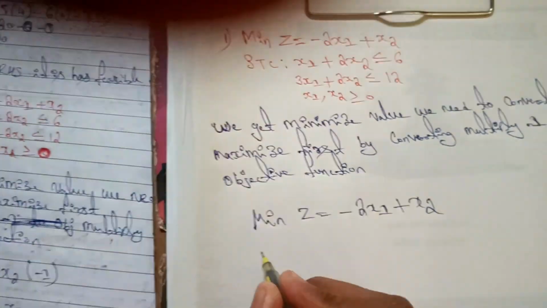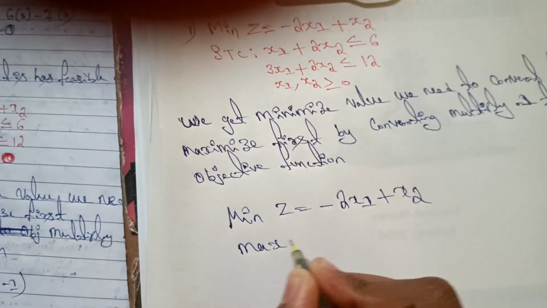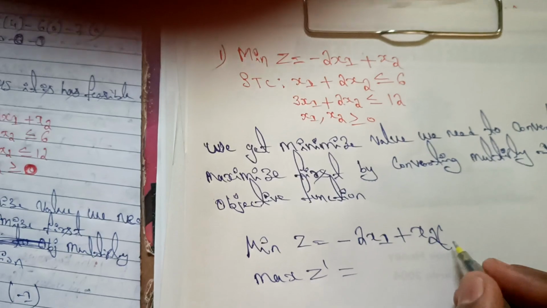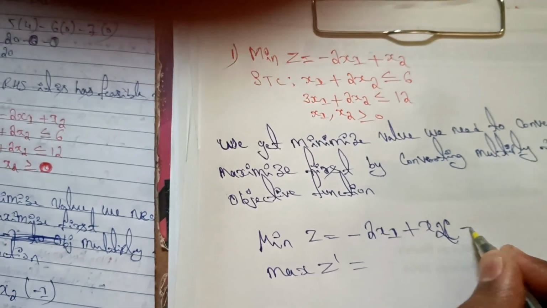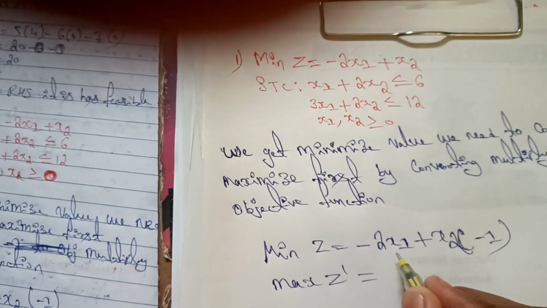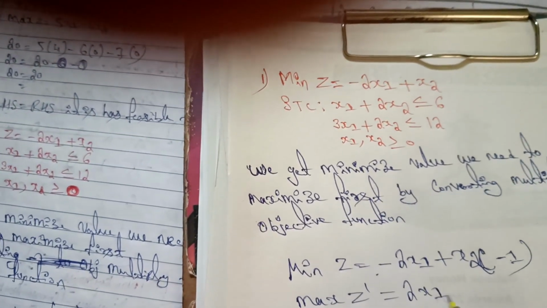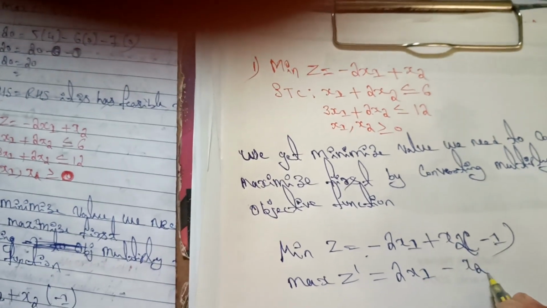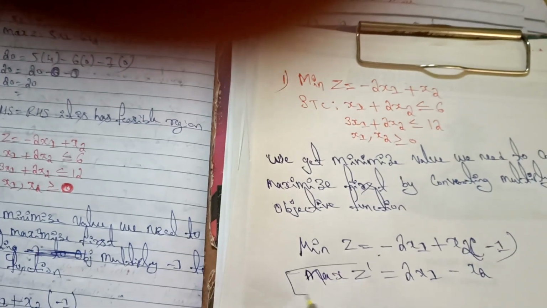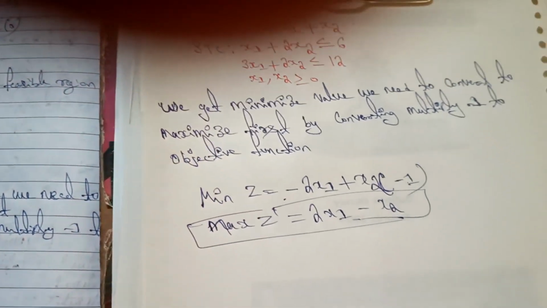Now we need to convert it into maximum z. We multiply by minus 1. When you multiply by minus 1, minus into minus gives plus 2x1 minus x2. We find the maximum converted. It's a maximum value.